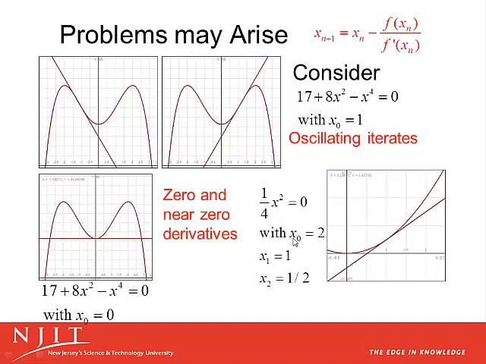What happens is, suppose we start with an initial guess of x0 equal to 2, then the next iterate will give us x1 equal to 1, the next iterate will be x2 equal to 1/2, and the convergence is quite slow: starting at 2, then 1, then 1/2, and so on. So if the derivative either at your initial point or near your initial point is approximately 0, or at the root, if it's 0, then Newton's method can have problems. In the last case, where the derivative is 0 at the root, the method still works, but the convergence is slow.